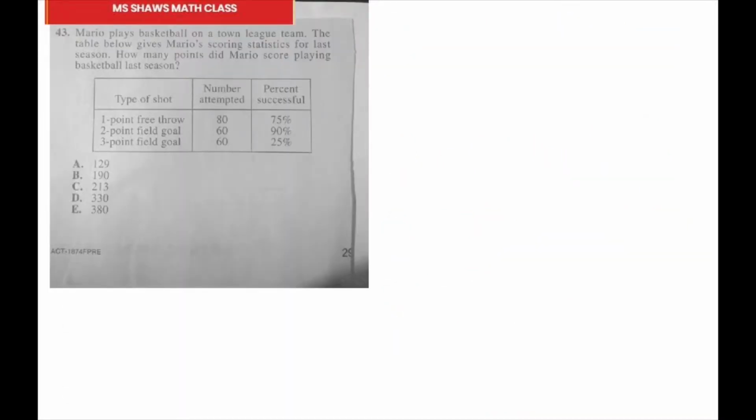The next one is a little more complicated, but it's not that hard. Mario plays basketball on a town league team. The table below gives Mario's scoring statistics for the last season. So they want to know his total points for last season. Basically, he attempted 80, and he got 75% of that. And then he attempted 60, and he got 90% of that.